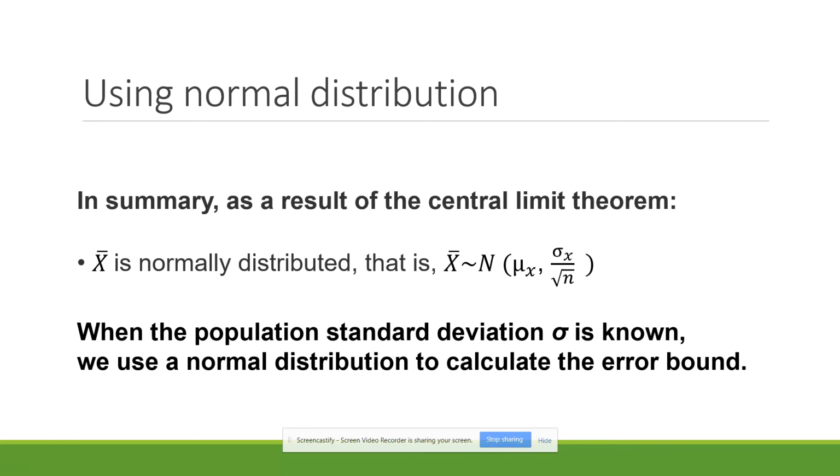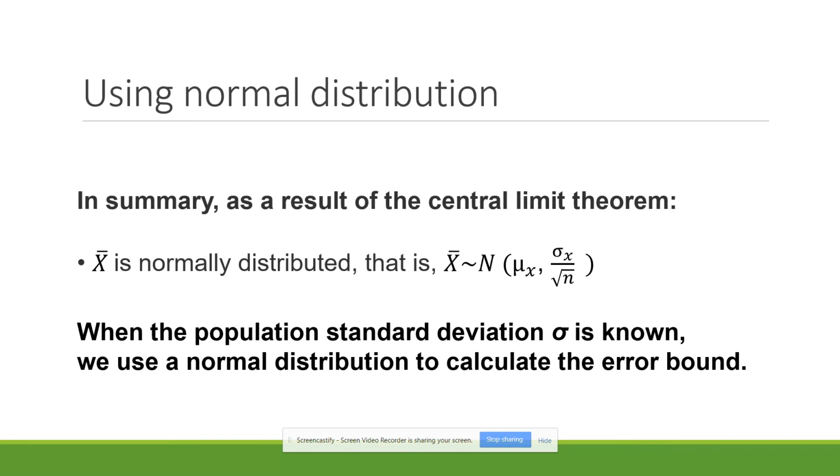Using the normal distribution, in summary, as a result of the central limit theorem, X bar is normally distributed. That is, the uppercase X bar approximates the normal distribution with the population mean, comma, the population standard deviation over the square root of the sample size. Let me say that again.